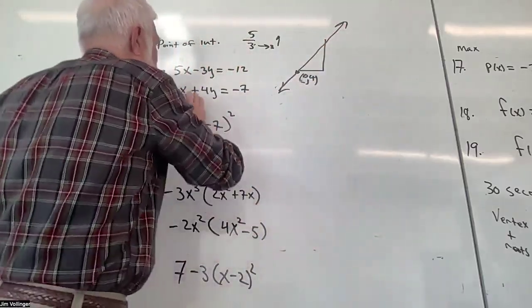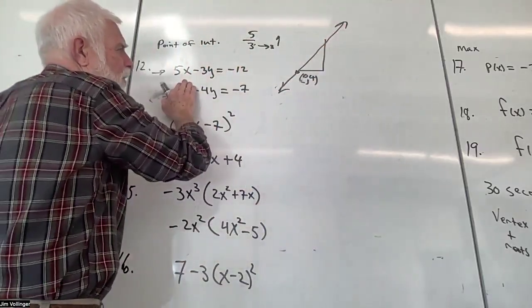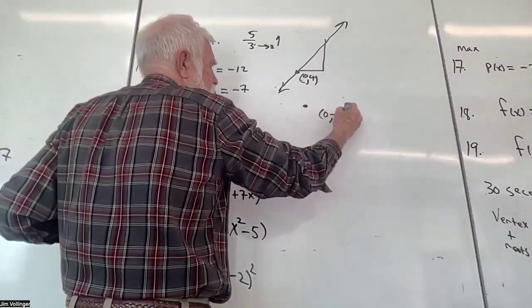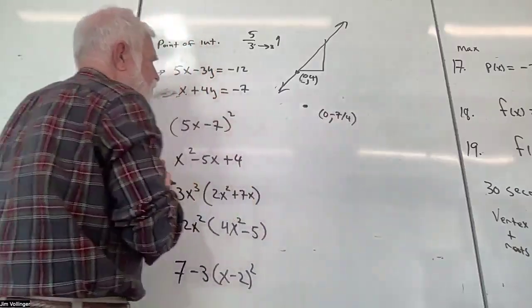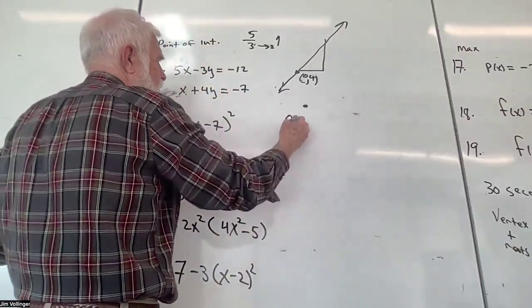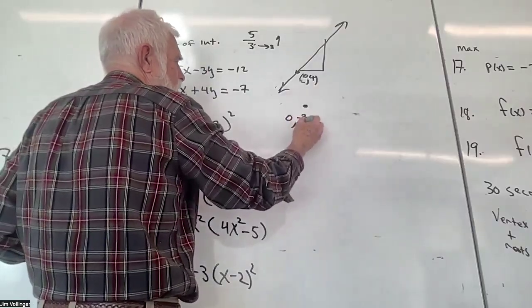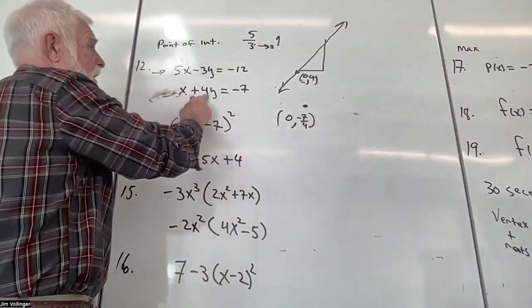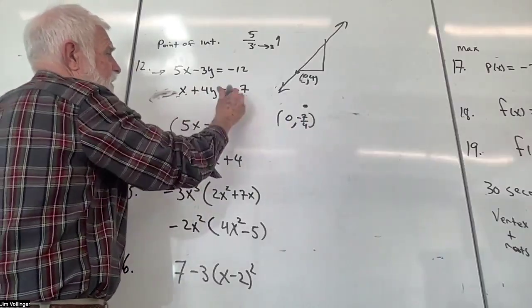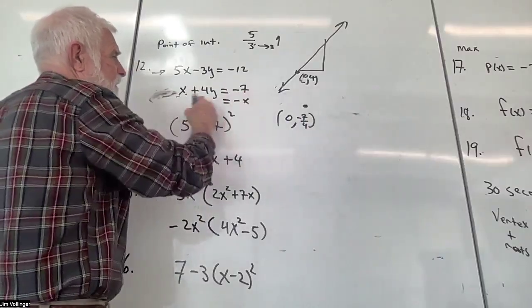All right, and doing the same thing here, minus 7/4. Let's call this 0 minus 7/4. And I put that in a bad spot because I know I'm decreasing. So 0 minus 7/4. And I've got a 1 to 4 ratio. If I bring the x to the other side, it's going to be a -1. Negative x on the other side.